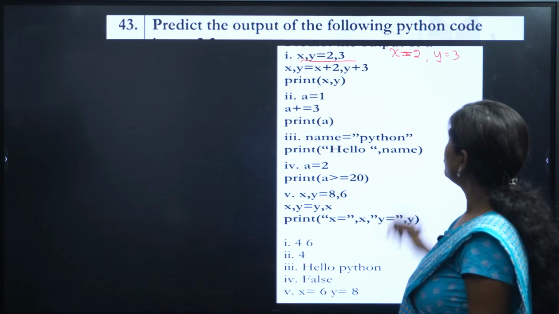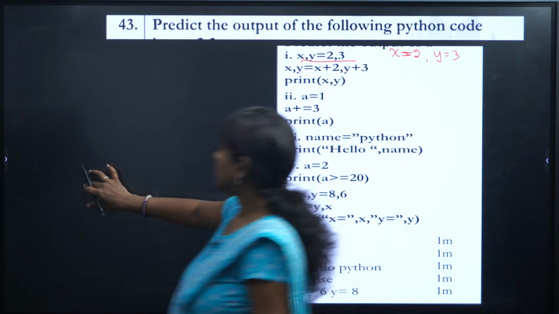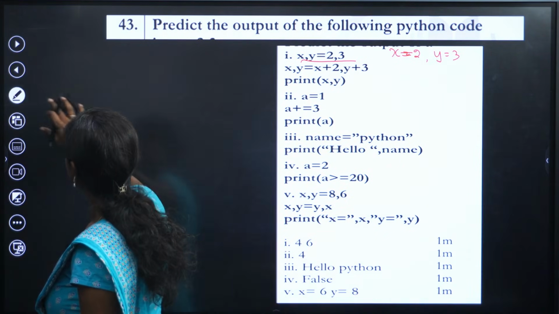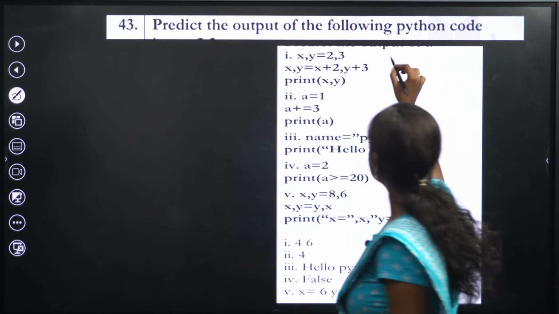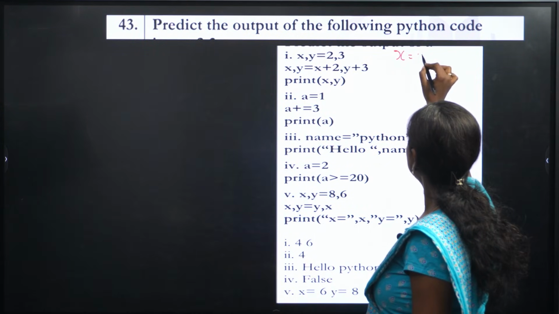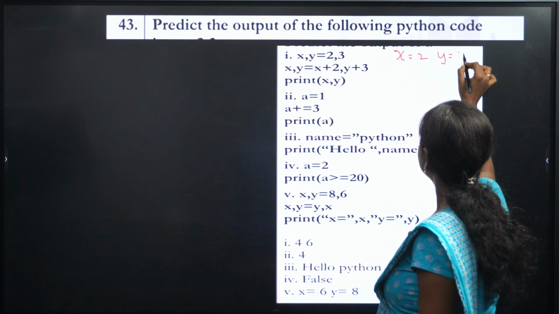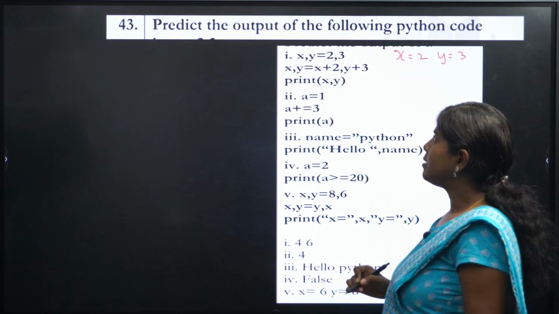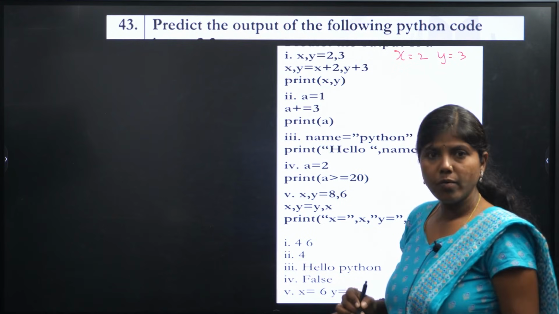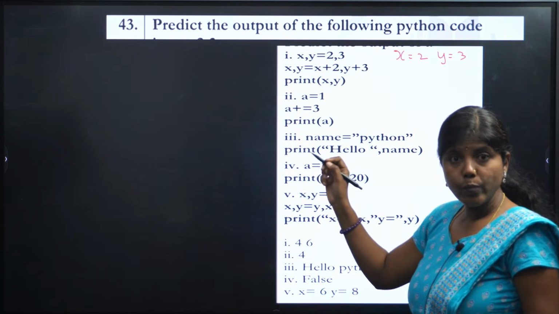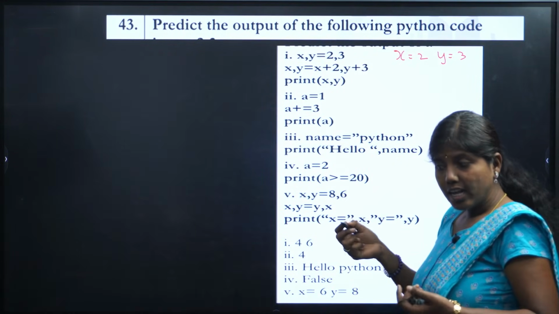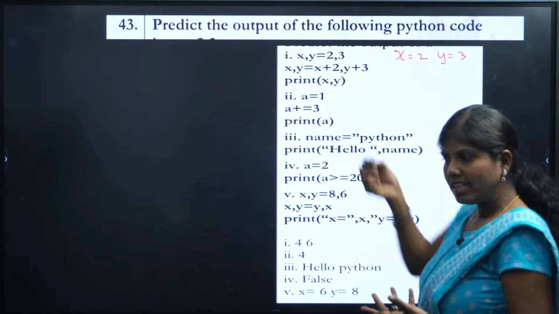x equals 2, and let me erase it. Okay, what is x? x equals 2 and y equals 3. Okay, x, y equals x plus 2, y plus 3. That means, remember, whenever equal to is there, it performs that operation and then stores it back.